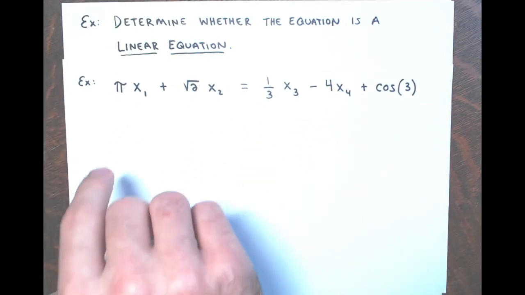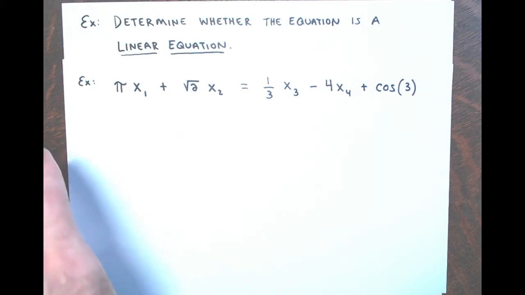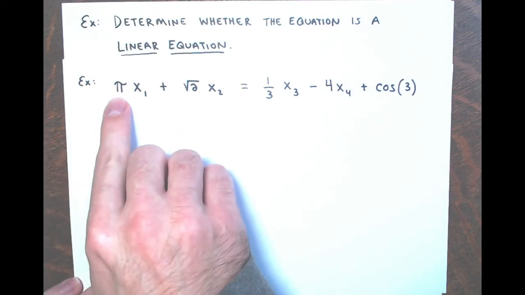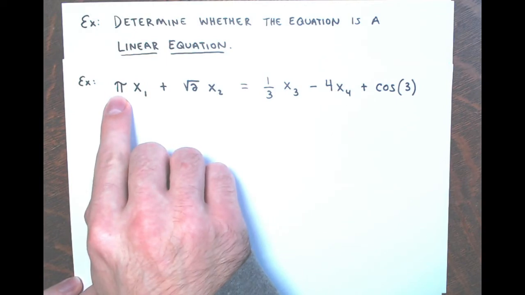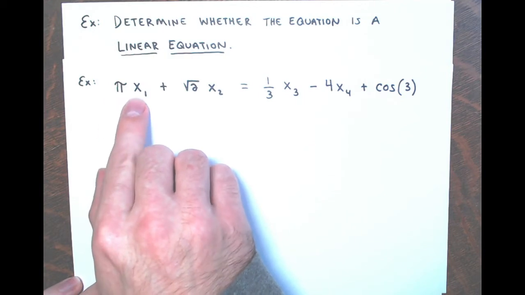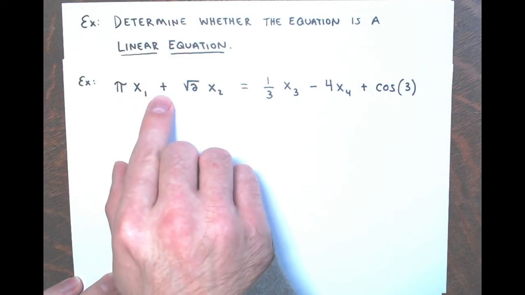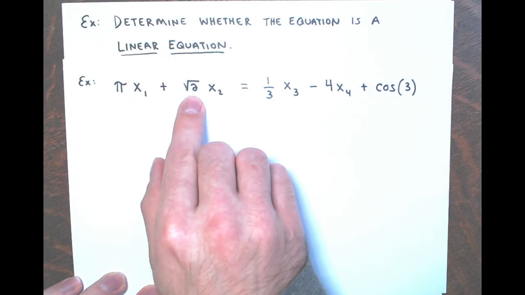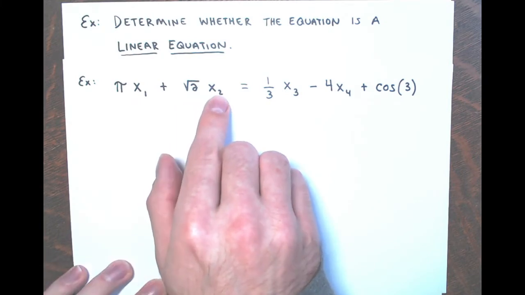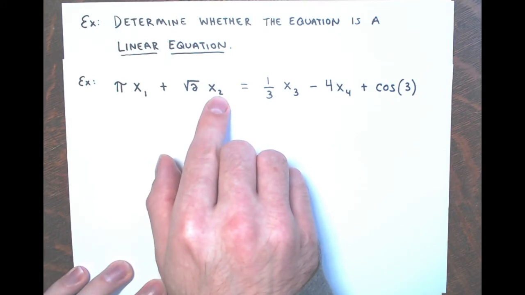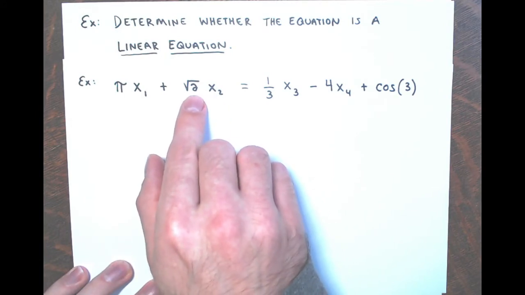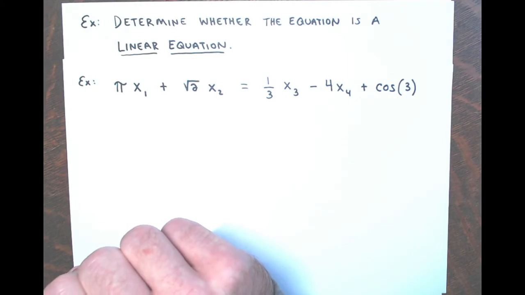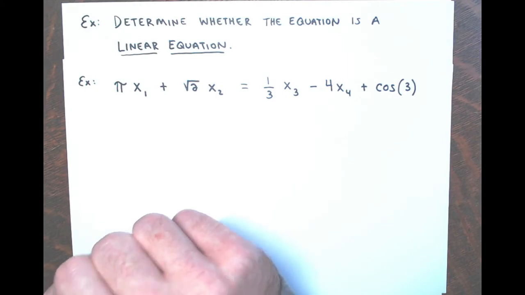So some fancier numbers showing up here. Pi, which is about 3.14159. Pi is a real number, times the variable x1 plus the square root of 2, another real number, about 1.414, times x2. And notice that the x2 is not inside the square root, it's outside of it.